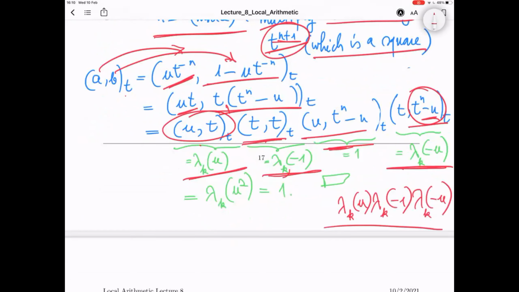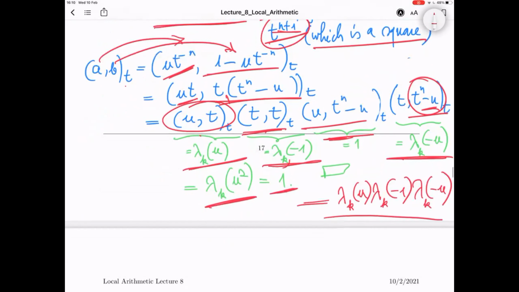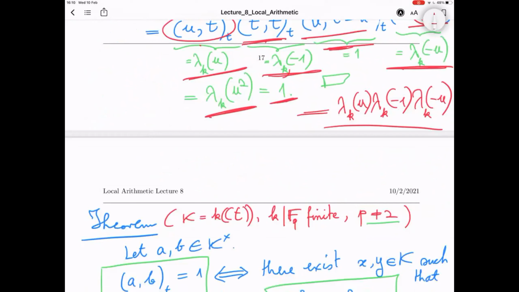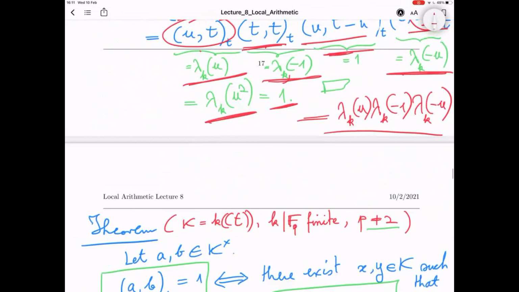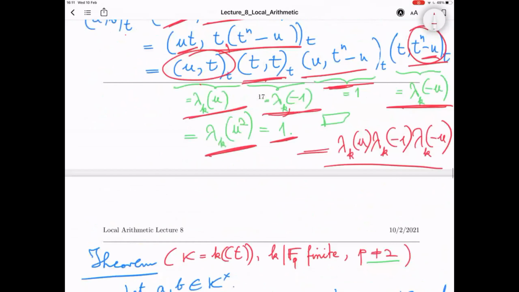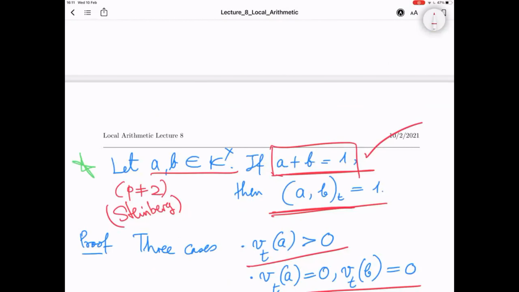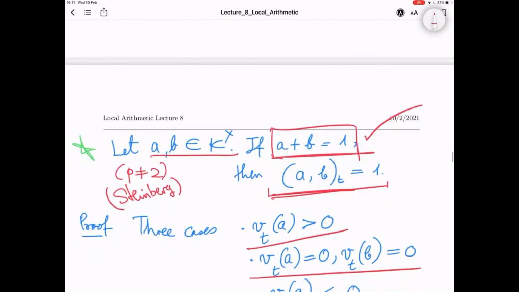Now lambda_k is multiplicative, so this is equal to lambda_k of u squared, but u squared is a square, so lambda_k has to be equal to 1. That's it. So what does this prove? This proves that if A and B are two elements whose sum is equal to 1, then the Hilbert symbol (A,B)_T is equal to 1. This is the Steinberg property.